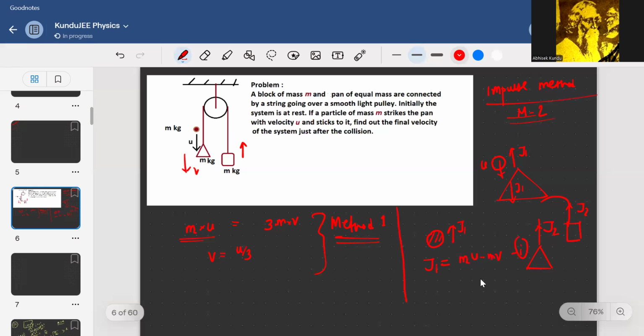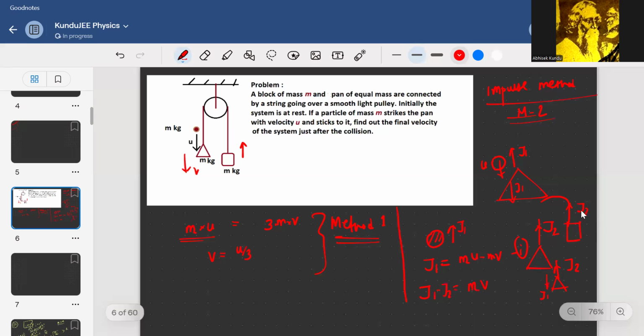Now for the pan, we'll write the equation of impulse: J2 is acting upward and J1 downward due to the hit. So J1 minus J2 is the change in momentum, that is m into v.